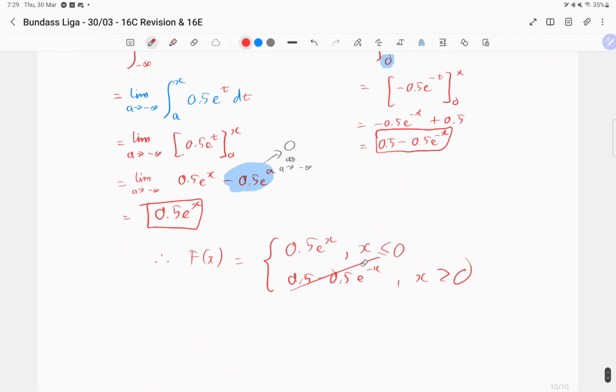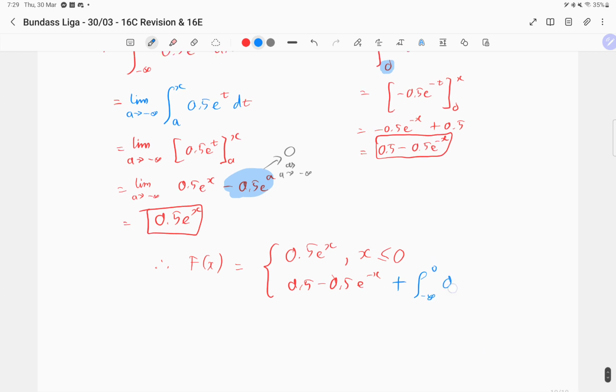Alright, so this one would technically be that, plus the area left of 0. And that would technically be anti-derived from negative infinity to 0 of the other function, 0.5 e to the power x. Alright? So you can do that. You can work out the answer.